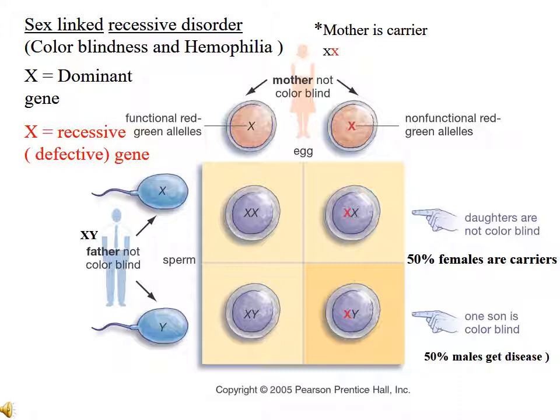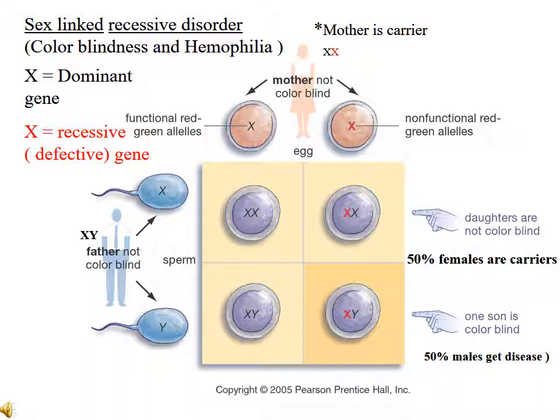Now, this is a relatively mild disease. Suppose we were dealing with hemophilia, which is a very debilitating disease. How could you possibly get a female that's hemophiliac in this process? The only way you can get a female that's hemophiliac or colorblind is that the female has 2 red X's.